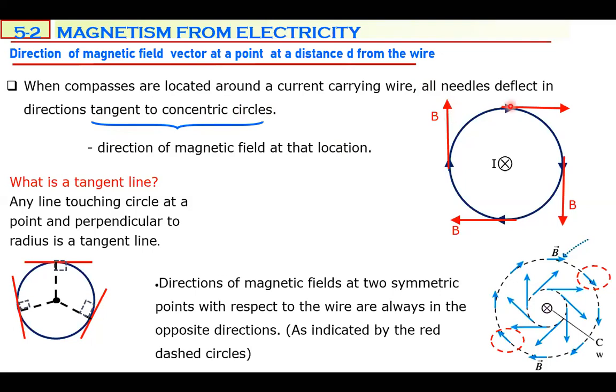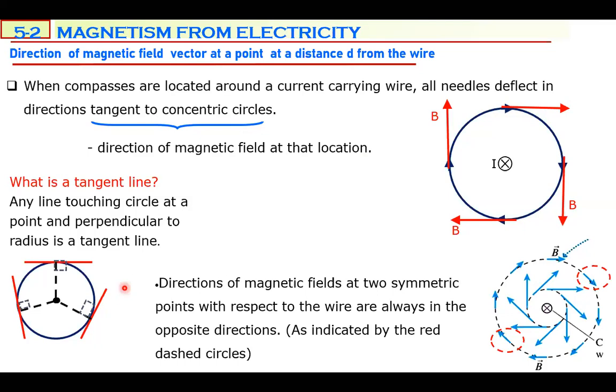And for this point, you should draw a tangent line as well. This tangent line will show what the direction of the magnetic field vector is here. And here also another. So every different point will have a different directed magnetic field vector. That's why when you put compasses on these magnetic field lines, all compasses will show a different direction. When you combine them all, it's going to form a circle.